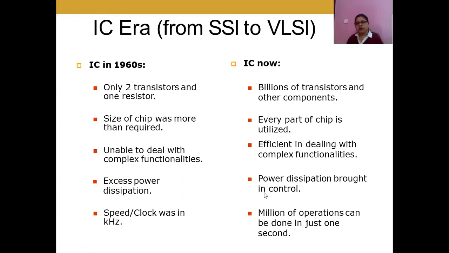Now the designers have controlled this power dissipation of the chip by and large. The speed or the clock was in kilohertz, meaning the circuit had a very slow speed, but now millions of operations can be done in just 1 second. So this is the increment in the technology, how it is increasing day by day, and what benefits we are including in this IC era now.